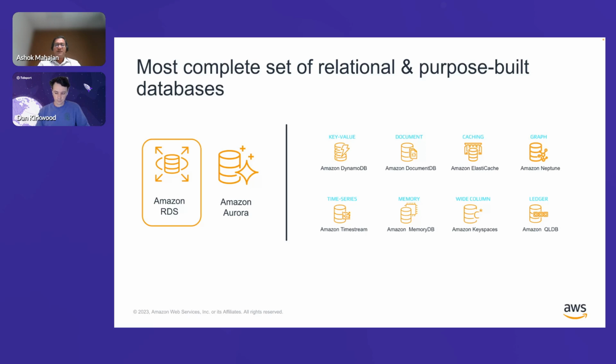Our fully managed database services include relational databases for your transactional application needs. This includes Amazon RDS and Amazon Aurora. When you think of relational databases, you can choose from 7 popular database engines, which include Amazon Aurora with MySQL compatibility, Amazon Aurora with PostgreSQL, MySQL, MariaDB, PostgreSQL, Oracle, and SQL Server.